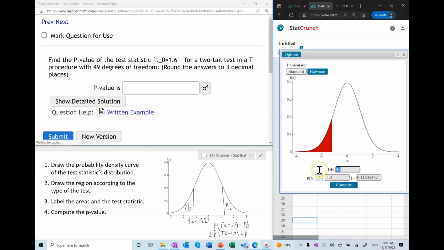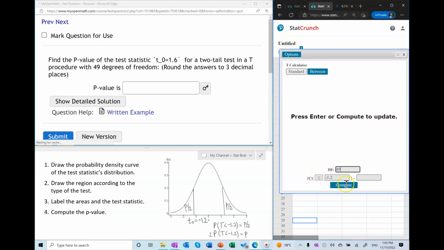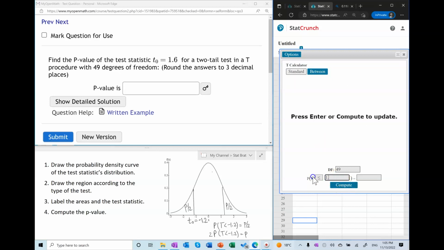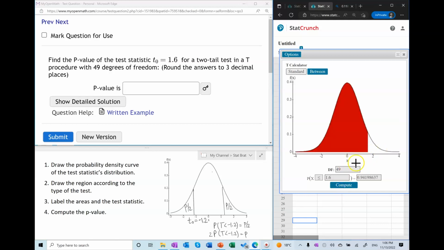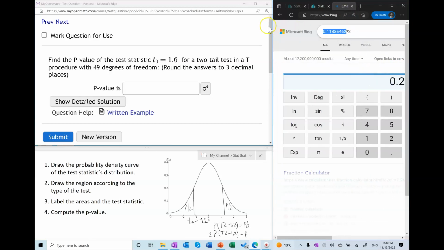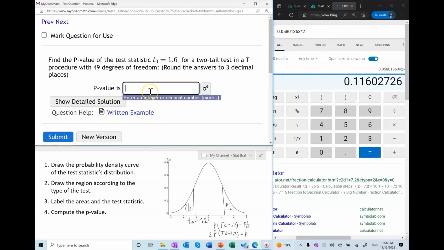As soon as you open the T calculator with 49 degrees of freedom, you'll be able to tell whether the 1.6 is in the left side of the spectrum or the right side of the spectrum. So you see here, 1.6 is in the right side of the spectrum. So to find the p-value, we're going to find the area to the right of this test statistic. But because we're doing a two-tailed test, we're going to multiply this by 2. And this is what the full p-value is equal to.